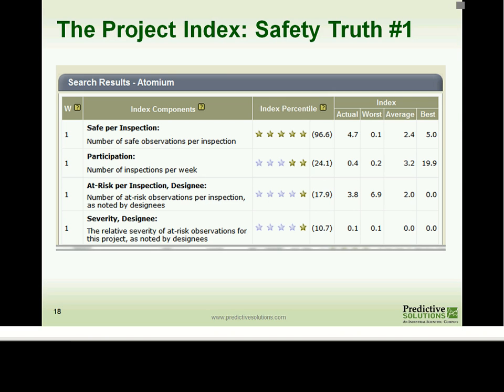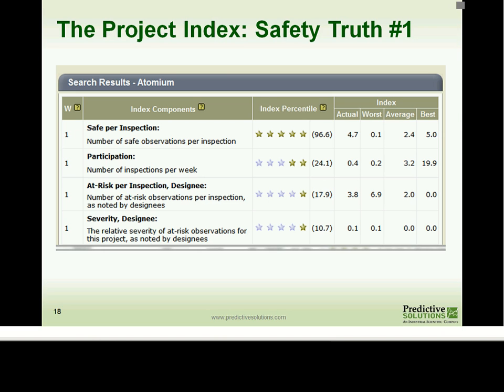More specifically, we take a look at the participation, which is the number of inspections per week. We can see it's relatively low. Now, 24 in the parentheses means how you compare with the rest of the locations in your organization. So they're in the 24th percentile, meaning roughly three-quarters of the locations and projects are looking at more data per week.